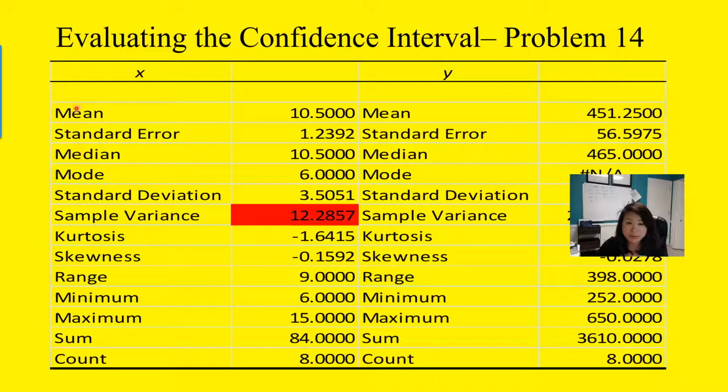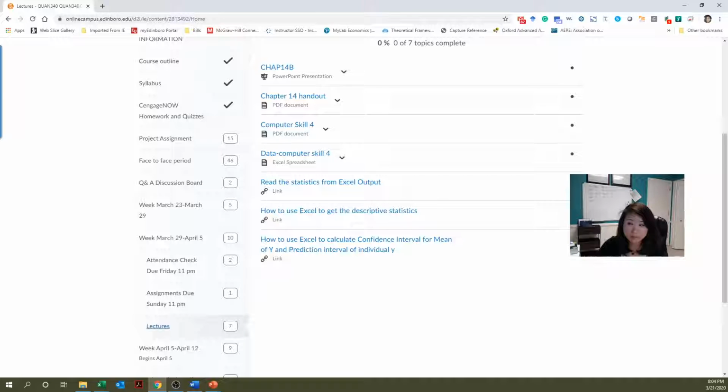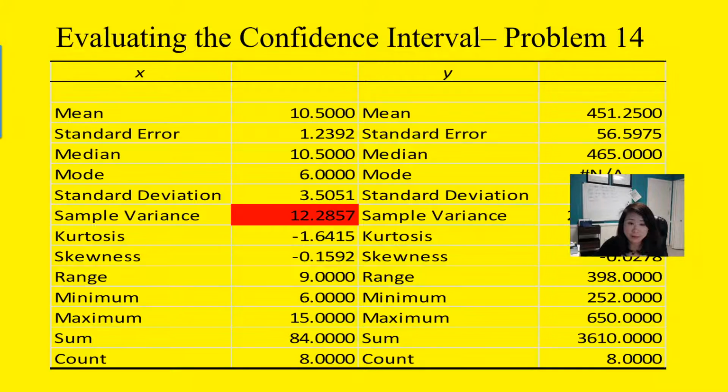Now you can see the mean of x is equal to 10.5. For this table, again, make sure you are fully using your handout as well. The handout called the chapter 14 handout, because you can see that table on the second page. So that is the descriptive statistics. So the mean of x, x bar.